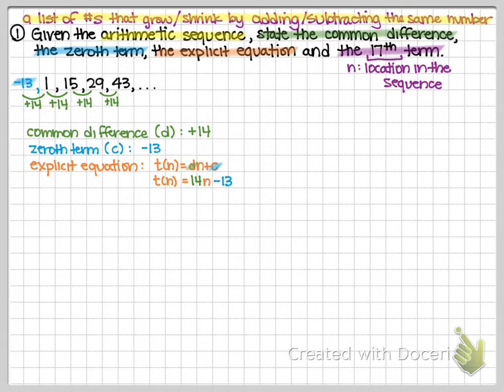So to find the 17th term, we're going to plug in n equals 17. So I'll take my t of n equation, and everywhere I see an n, I'm going to pull it out, and I'm going to plug a 17 into that location.